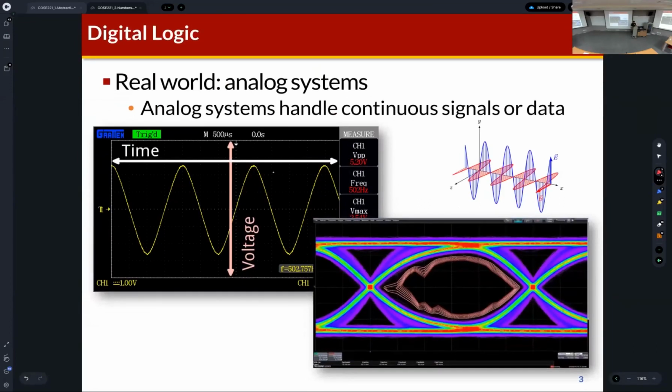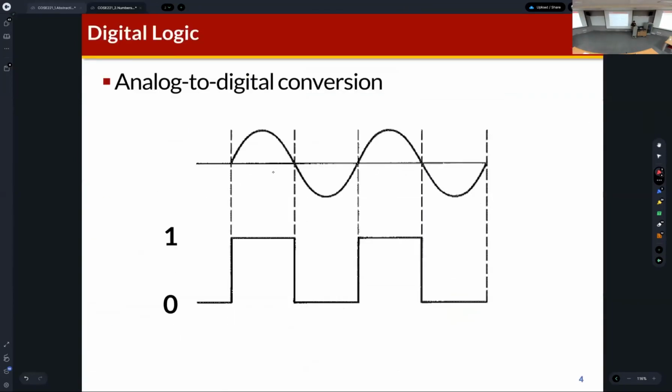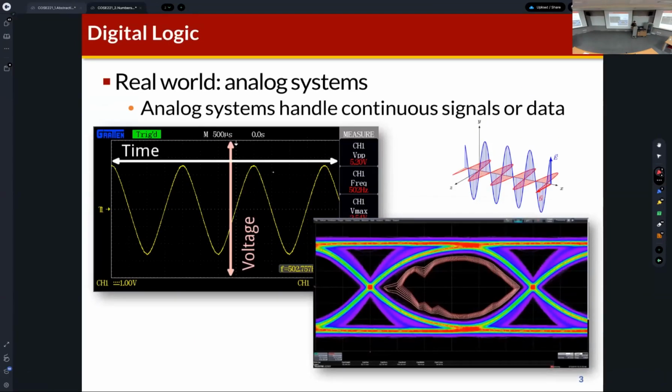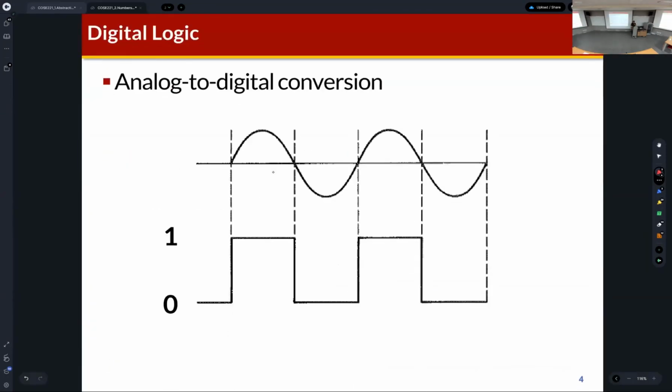I already explained that the real world is composed of analog systems, and we can use analog systems to represent the analog signals. But in order to represent the analog signals in a digital system, we need to convert the analog signals into digital signals like this.